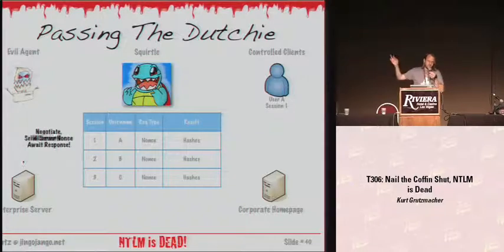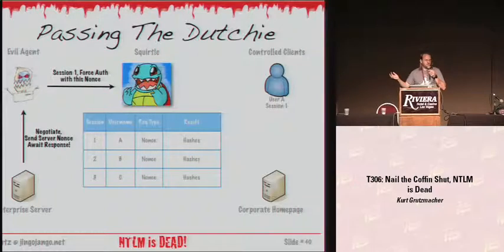He's going to send back the negotiation, part of that whole type 2 stuff. And he's going to give you a nonce to connect with, to encrypt your hashes with. Well, as an evil agent, you don't have the LM or NTLM hashes to make that happen yet. So you're going to pass that to Squirtle and go, hey, I think I want to use user A, session 1, and I want him to authenticate with this nonce.